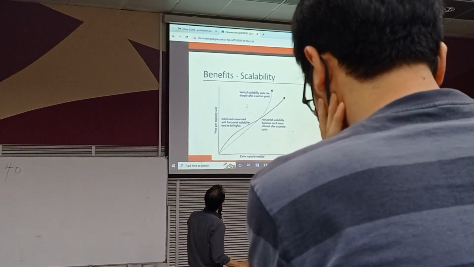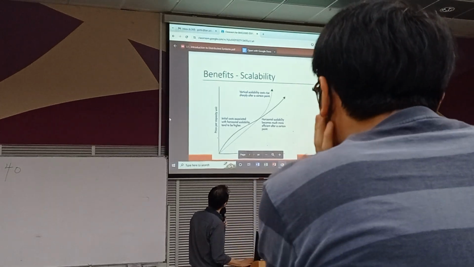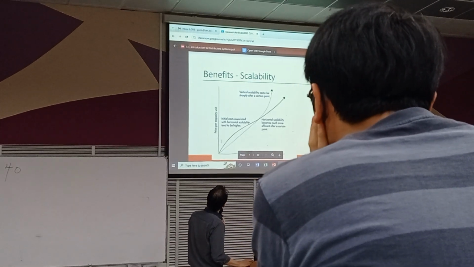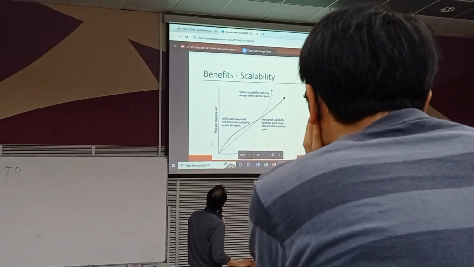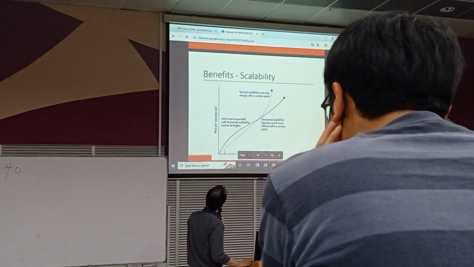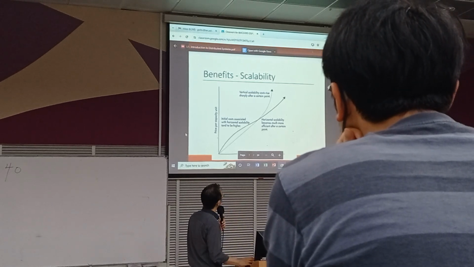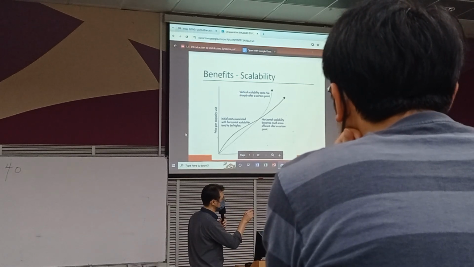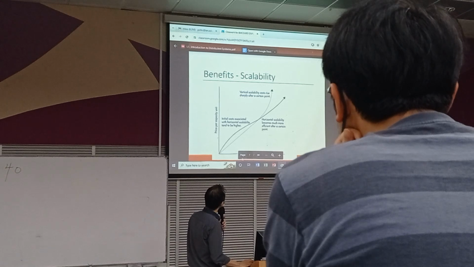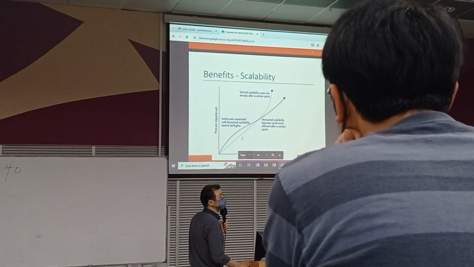So let's look at the extra capacity, which is on the horizontal axis, and the vertical axis here, which is the price per capacity unit. Initially, you see that vertical scalability, that means you upgrade the server. You have the server and then you upgrade it. The cost appears to be very cheap when it is small, right?